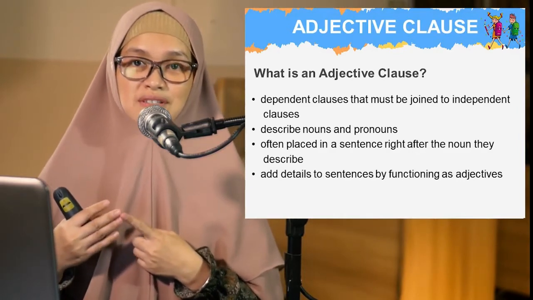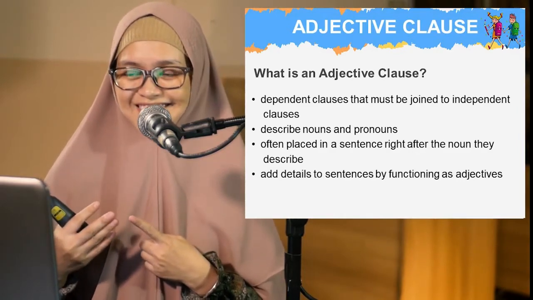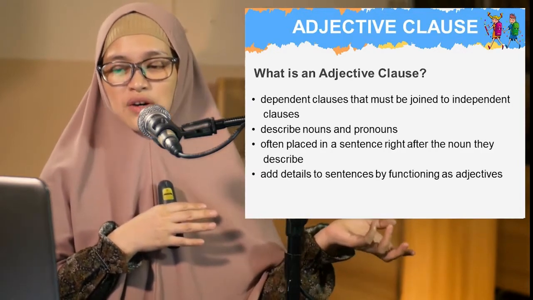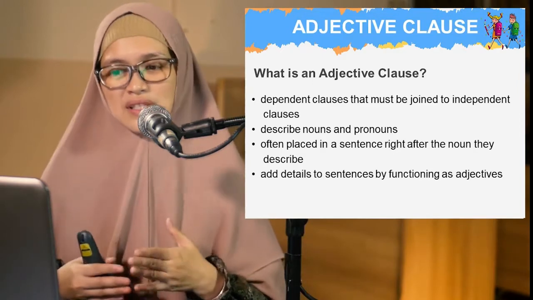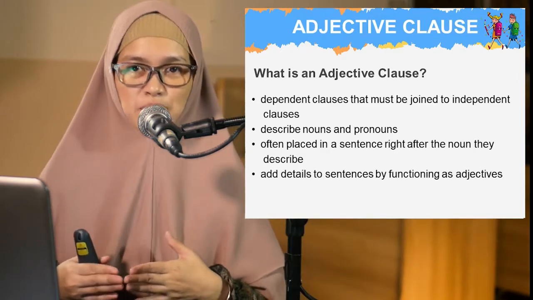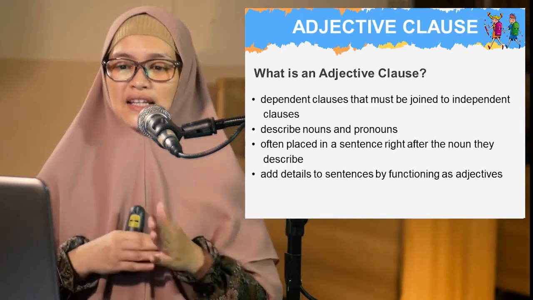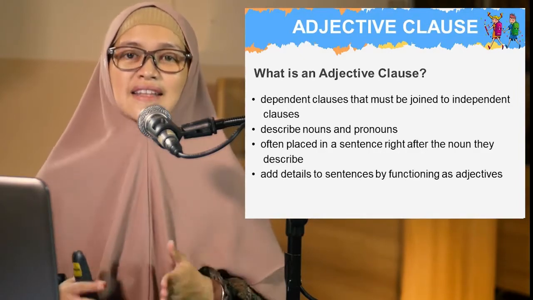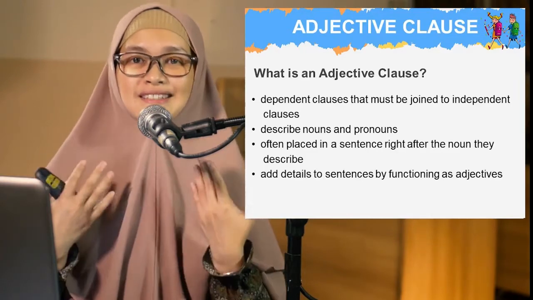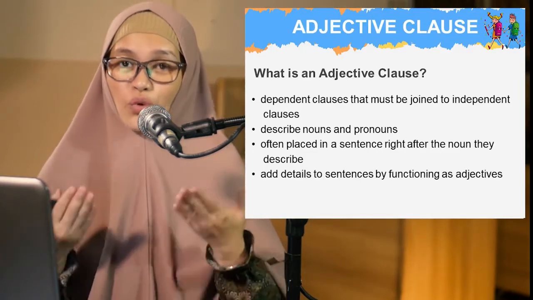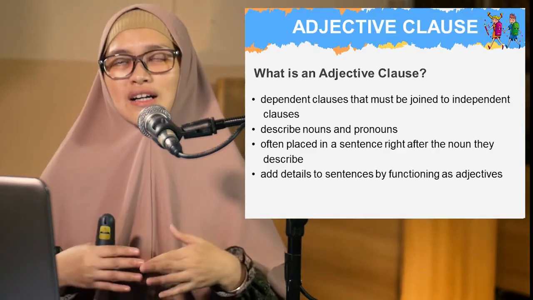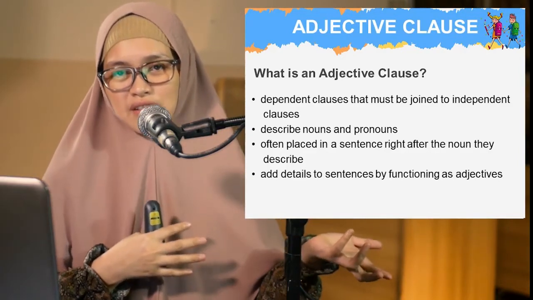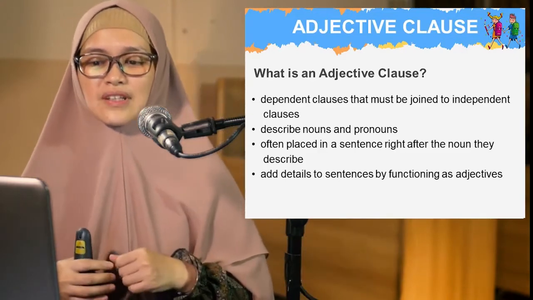It describes nouns and pronouns. As we have already learned, an adjective clause describes nouns and pronouns, and it is often placed in a sentence right after the noun it describes. Like the examples we have already seen.